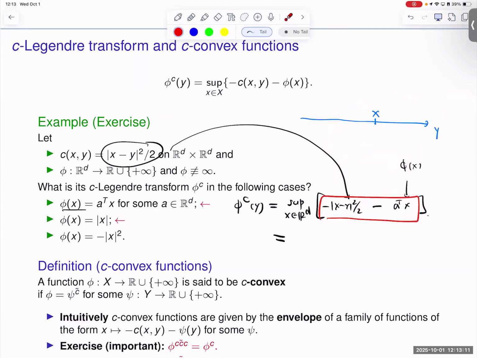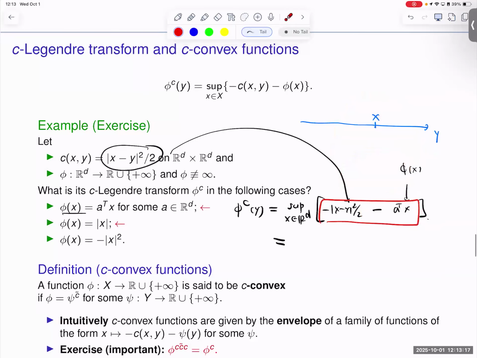At each x, you have this value, negative a transpose x. Then you have the corresponding upside-down parabola: minus |x minus y|^2 over 2 minus a transpose x as a function of y.